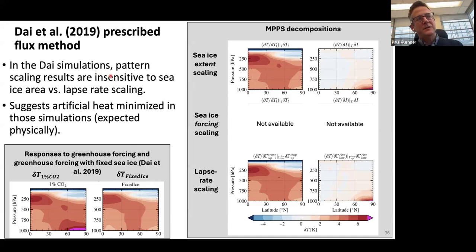So this is a very different method that Aiguo Dai and others used, where they prescribe fluxes in a way that we think is probably not leading to the spurious warming that was seen in the other calculations. And the lapse rate scaling is quite robust, and it actually agrees with the sea ice scaling in this case. And what we think is going on is that these tests are exposing some of the spurious effects.